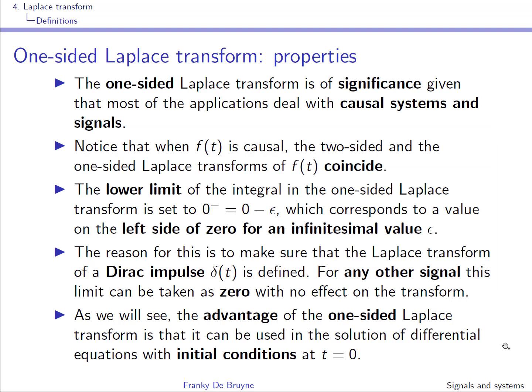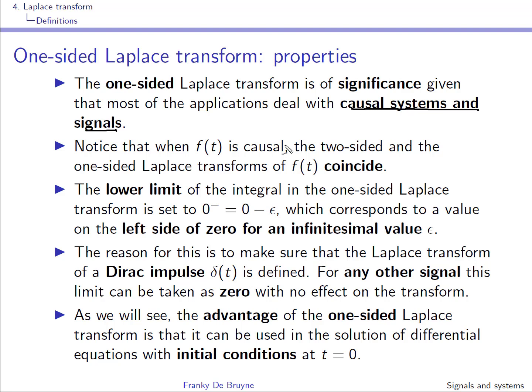So we use the one-sided Laplace transform because, well, we deal in applications mostly with causal systems and signals. Okay, anyway, if the signal f of t is causal and you need its Laplace transform, it doesn't matter if you're using the two-sided or the one-sided Laplace transform because they will coincide on a causal system. There is a difference only if the signal is non-causal.